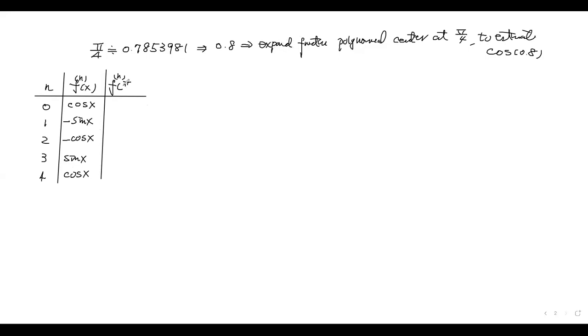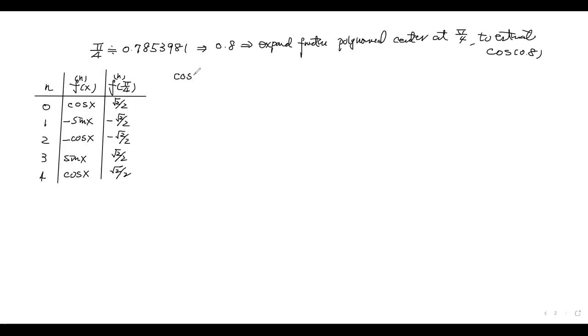Now this is interesting because I am going to center at pi over 4, so my a is pi over 4. Putting pi over 4 in, cosine is square root of 2 over 2, then negative square root of 2 over 2, negative square root of 2 over 2, square root of 2 over 2, square root of 2 over 2. Now let's write my expansion.